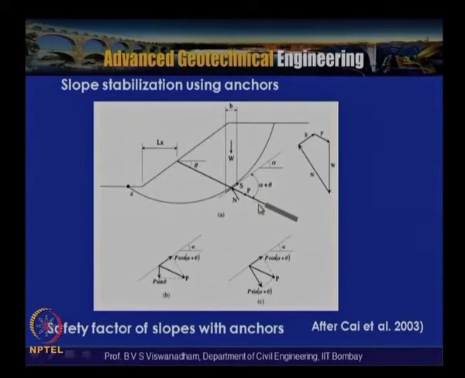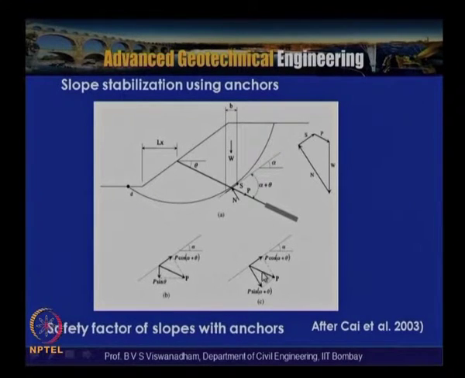It acts in this direction. So there are two approaches which are used. One is resolving the force P along the failure surface as well as vertically, that is P sin theta in this direction and P cos alpha plus theta along the surface in this direction.